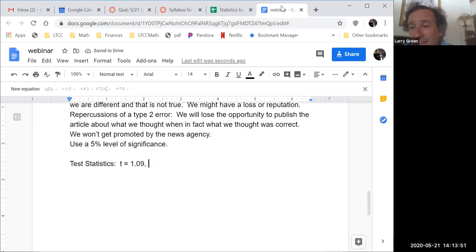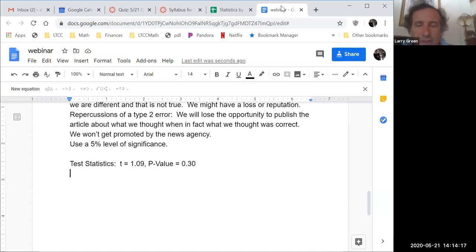On quizzes and tests, I don't really care. I just want to see work shown. That's the important thing. But computers aren't able to understand that, they'll say you just didn't do enough decimals. But I am. Okay, and the p-value was equal to 0.30. Any questions on that?